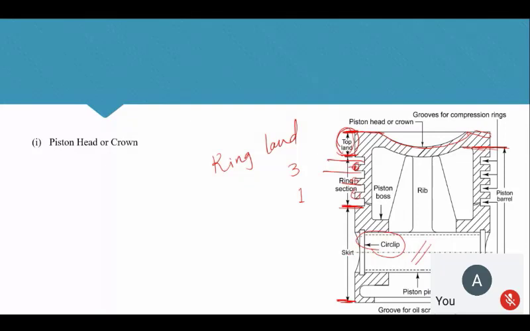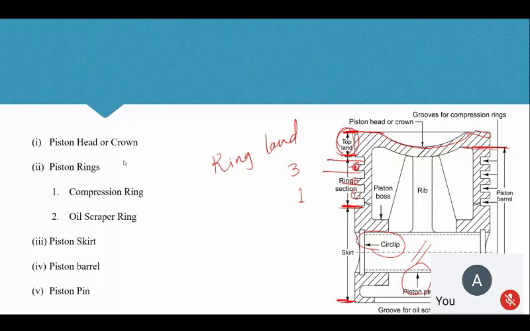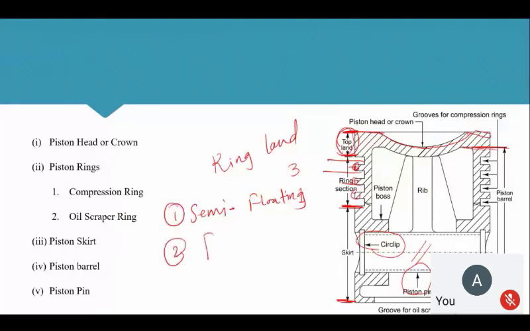And this gudgeon pin or piston pin, depending upon the application, is classified into two categories called semi-floating type and full floating type.